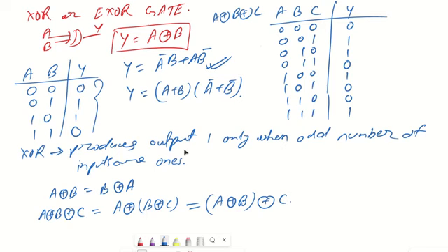If you do not remember this, for two variables find the result and then do XOR with the third one. Wherever the inputs are equal, the output will be 0, and wherever they are opposite, it will be 1.